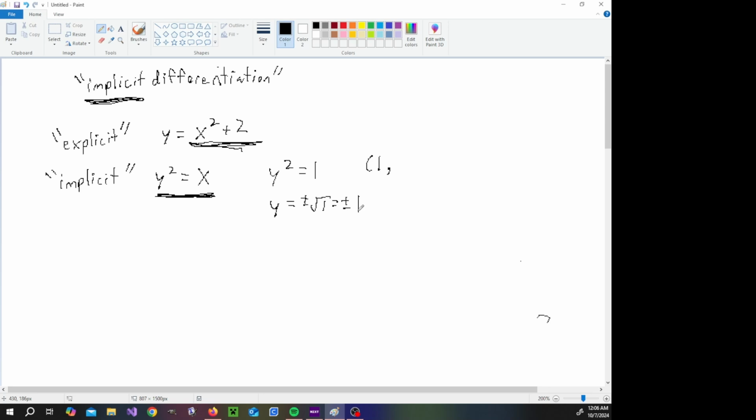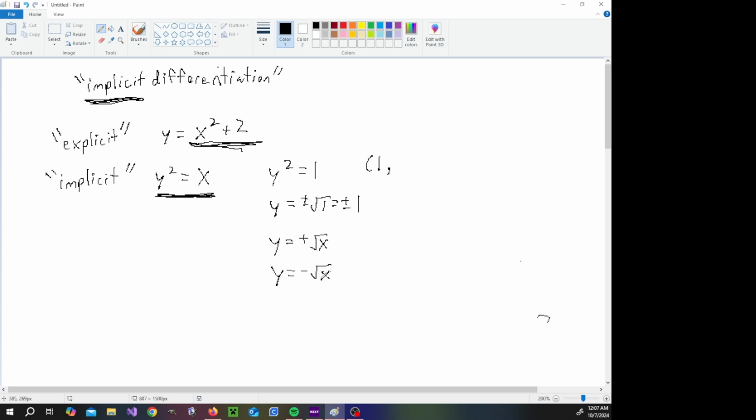This is really worth emphasizing, and it's kind of the whole point of this section: we can have implicit relationships, implicit functions, per se, because y itself is not a function. However, y does correspond to two functions, the positive square root of x and the negative square root of x.